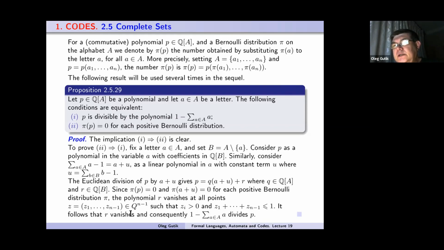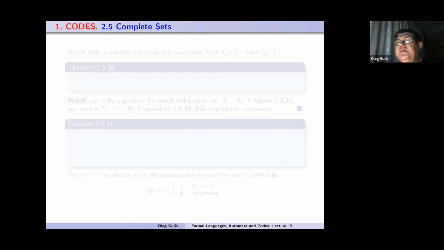It follows that R vanishes and consequently we get that 1 minus the sum of A, where A belongs to A capital, divides P. This completes our proposition.